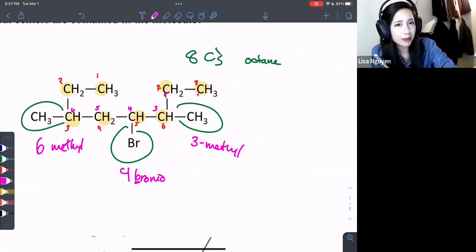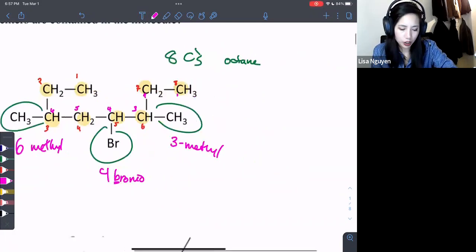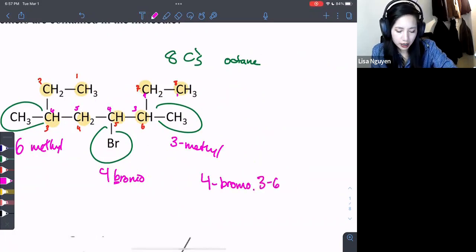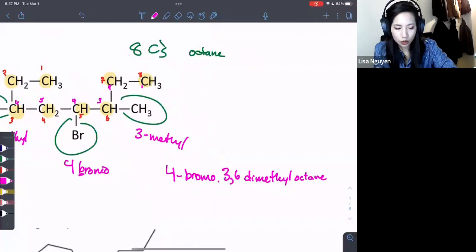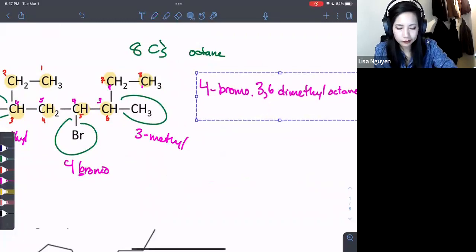Even though we say dimethyl, the di or tri or tetra doesn't count. It's the pure name of the substituent. So we want to put the 4 bromo first. 4 bromo, and then 3,6 dimethyl octane. That's the whole name. It's a long one.